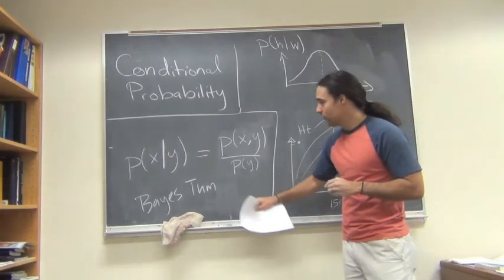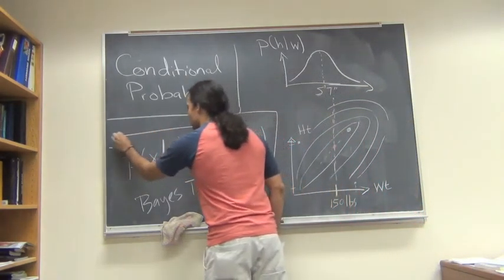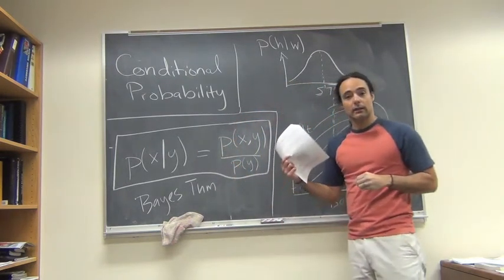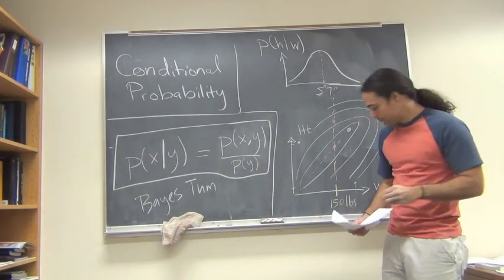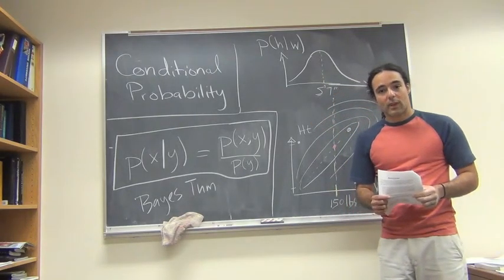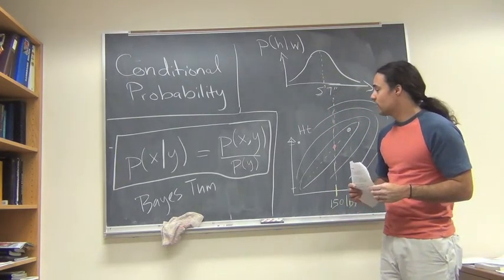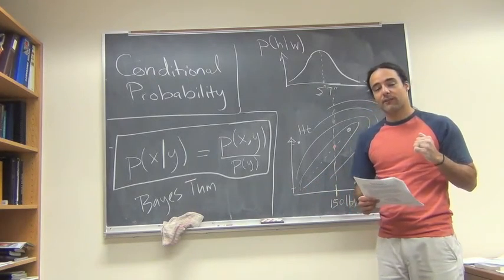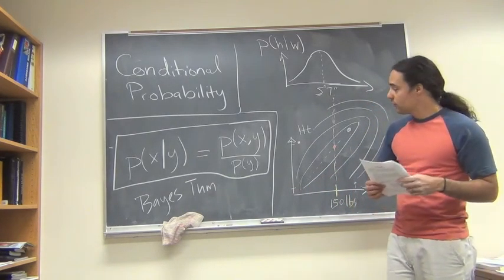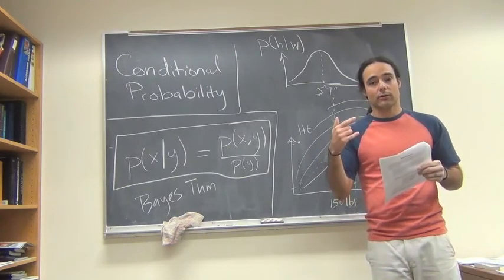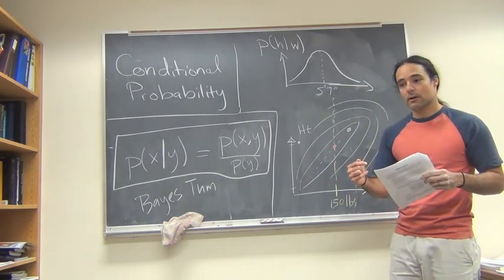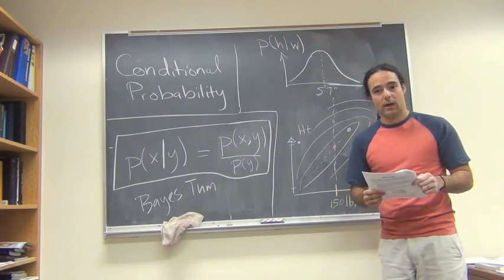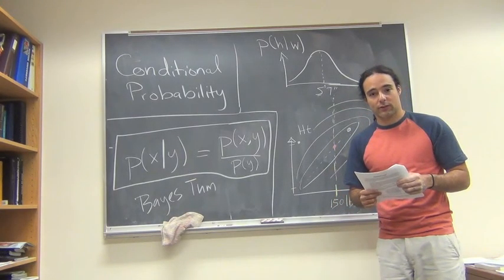This is known as Bayes' theorem. It is the most important thing in conditional probability. It's also one of the trickiest things in conditional probability. So we're going to have to think very carefully about this. This is probably the most difficult item we're going to cover in class, conceptually the most difficult, at least in terms of probability and statistics.